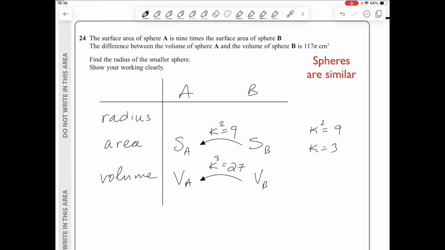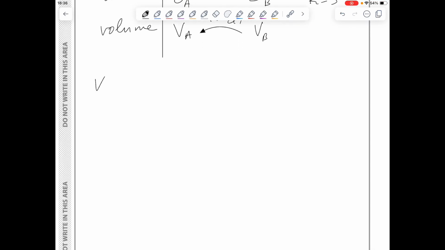Therefore, I can write down the following equation. Volume of A is equal to 27 times the volume of B. Now I'm given that the difference between the volumes is equal to 117 pi. Therefore, VA minus VB is equal to 117 pi.